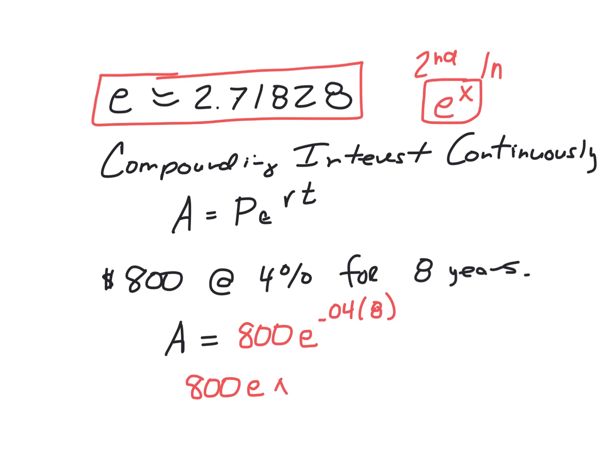So it's going to be e to the, and then you're going to put in as your power 0.04 times 8. When you do this on your calculator, this should come out to be a grand total of about $1101.70.